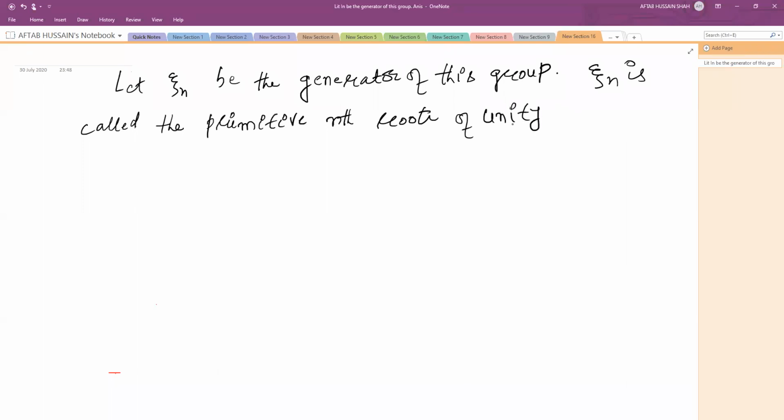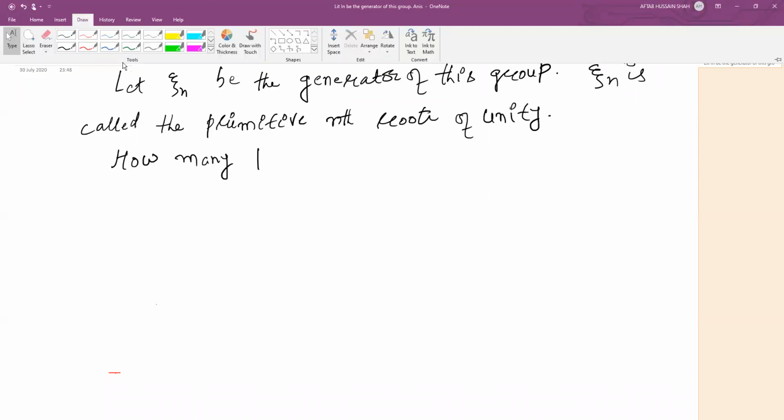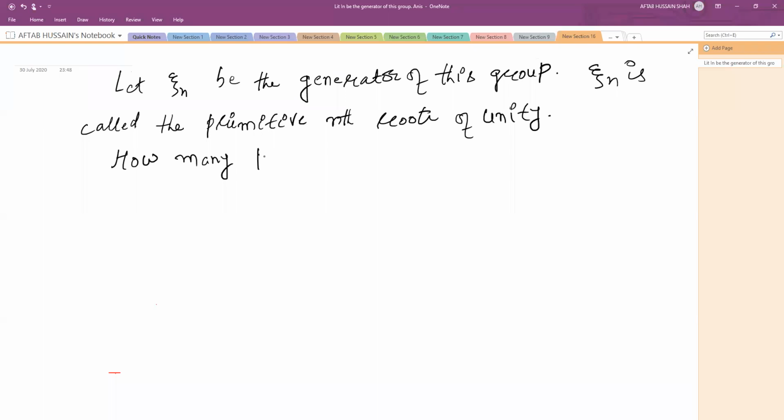So how many primitive nth roots of unity are there? We can take e raised to power 2 pi i by n, and its inverse, or, because this is a finite group, we have the Euler phi function by which we can find the number of generators.